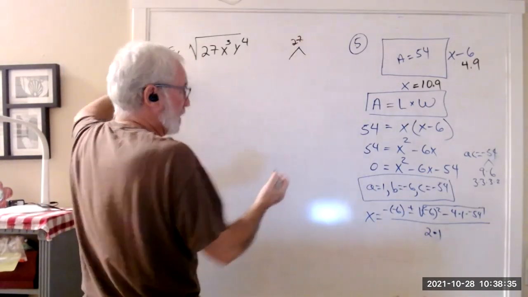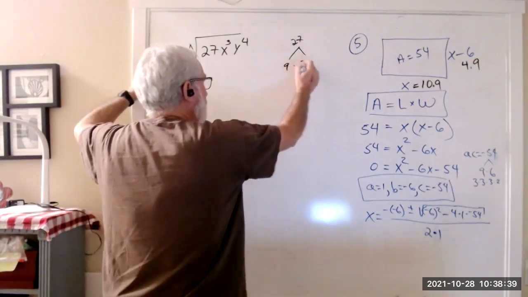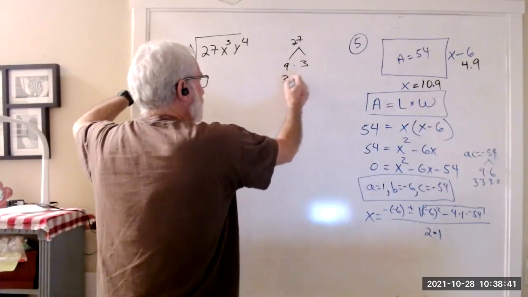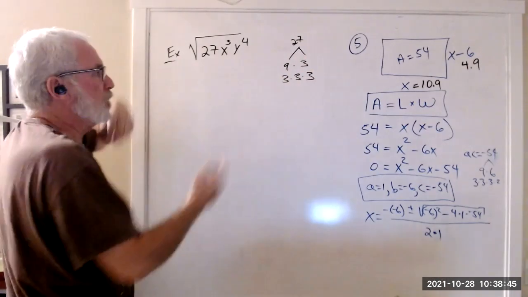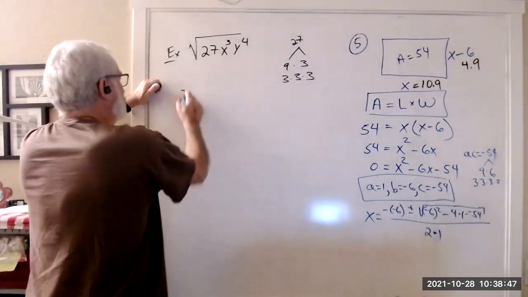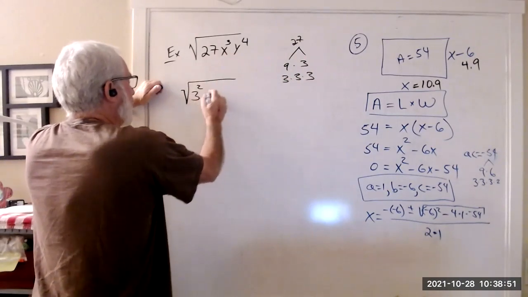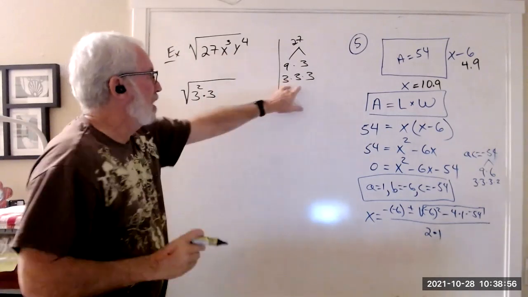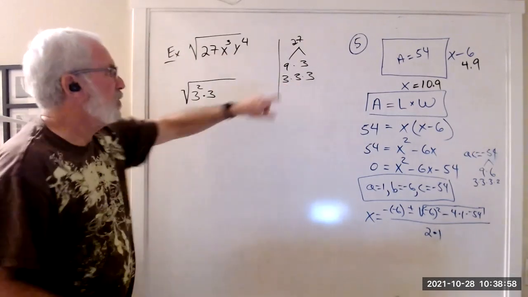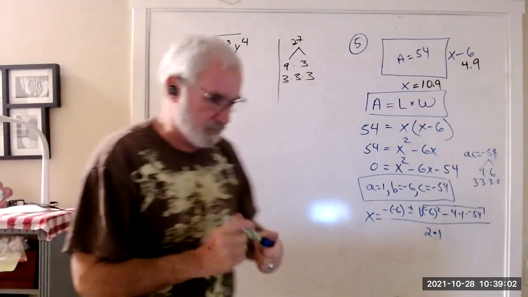You do this on your scratch paper, and you use your times tables. So that's 9 times 3, and you break it down into 3 times 3 times 3. And then you put it back together as 3 to the second power times 3. So this is your scratch work, but you redo it as 3 to the second power times an extra 3.